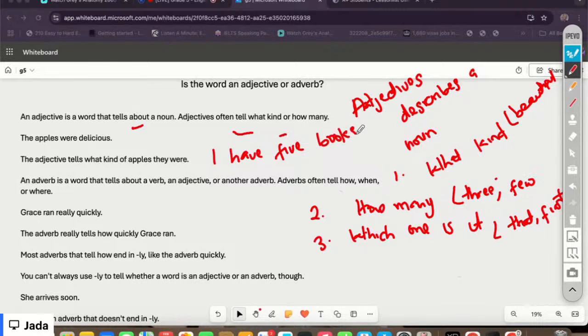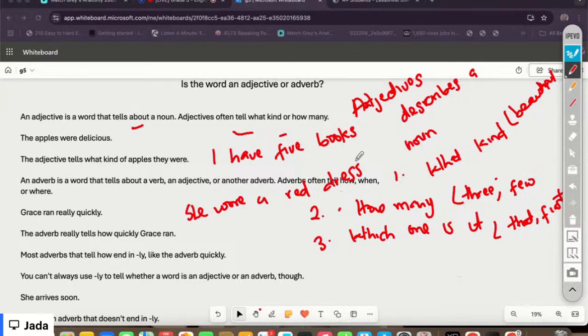How many books do you have? 5. So this is the second part of the adjective telling us how many. And then you can say she wore a red dress. Now you would ask which one did she wear. So this one is for which one. You would say she wore the red dress.